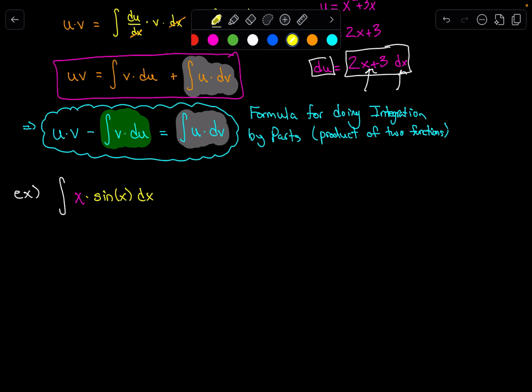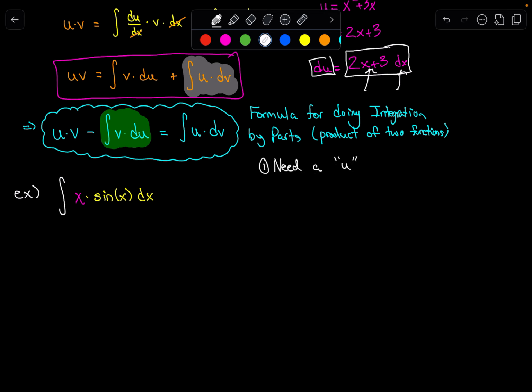Well, I claim that we're going to use this particular formula. We did all this work, and so hopefully it ends up being useful. What this formula says is that if I have a u and I have some dv, then step one, we need a u, and step two, we need a dv.